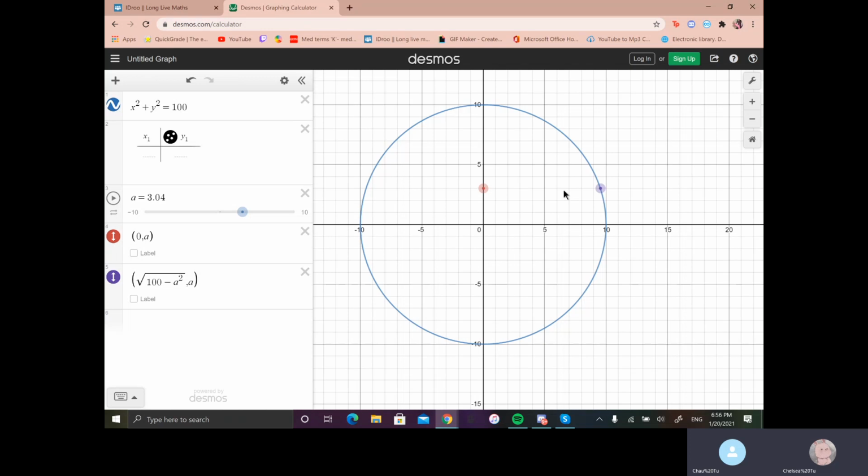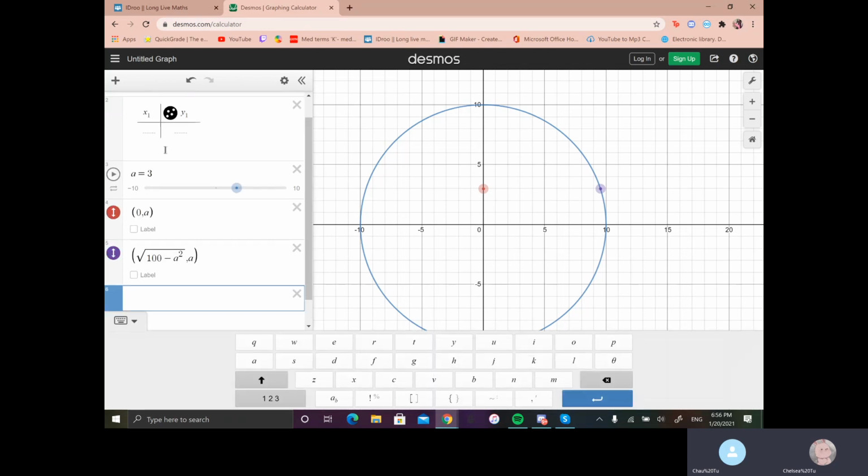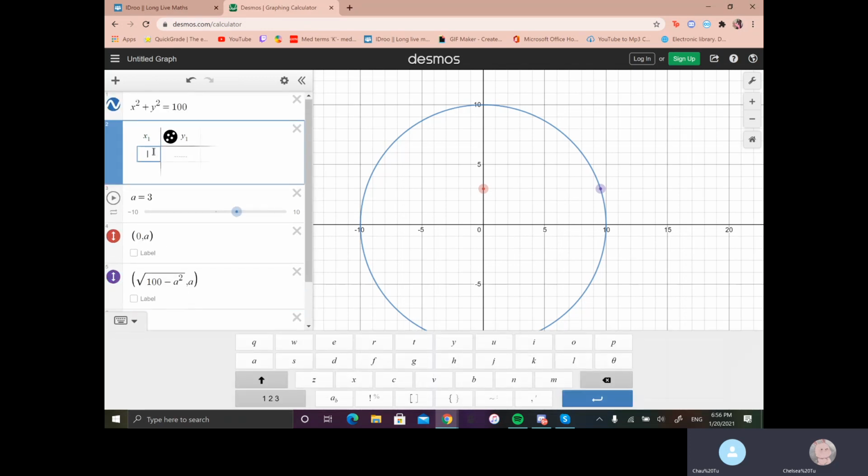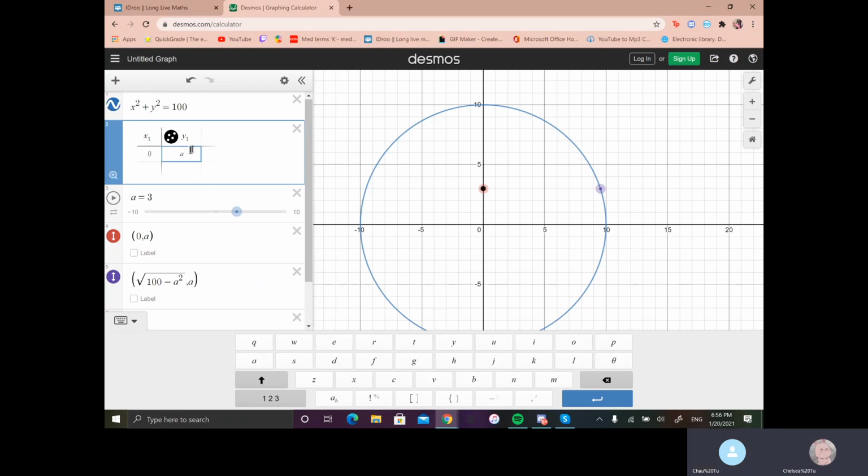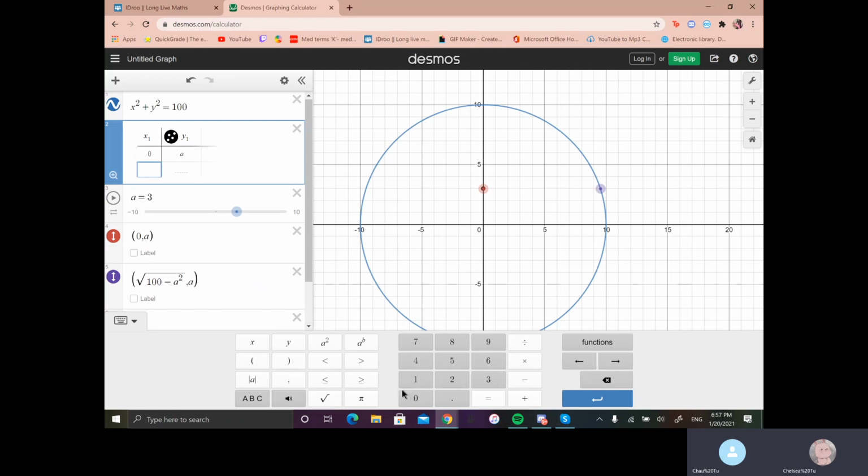So go to that table you just drew up there. The first point would be (0, a). And then you're telling it to join up with the point, what is it?